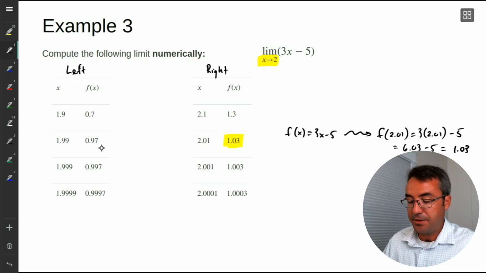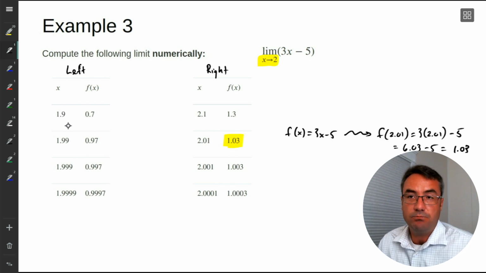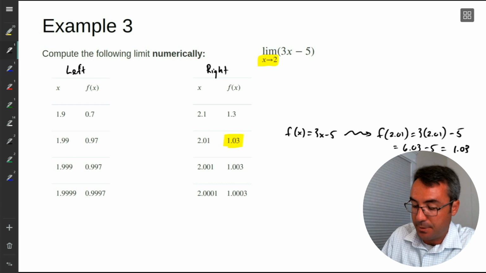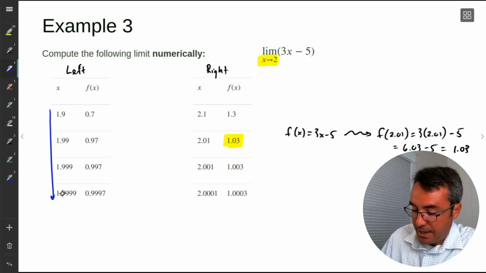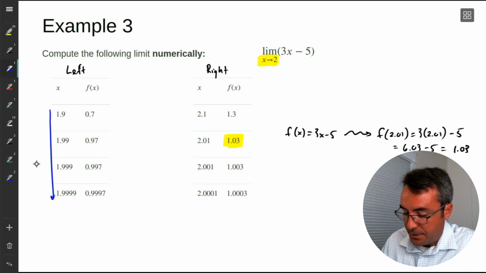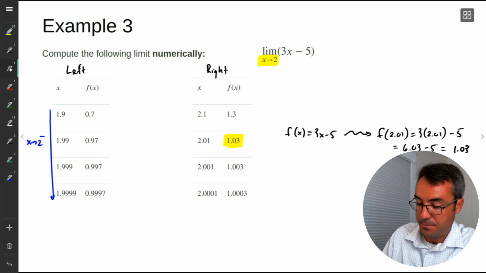All right, so let's look at this left-hand limit. We cooked up these x values that are getting closer and closer to the number 2. You might have used different ones. As we read down this table, we see that x is approaching 2 from the left. They're all slightly smaller, and we want to see what f of x does.